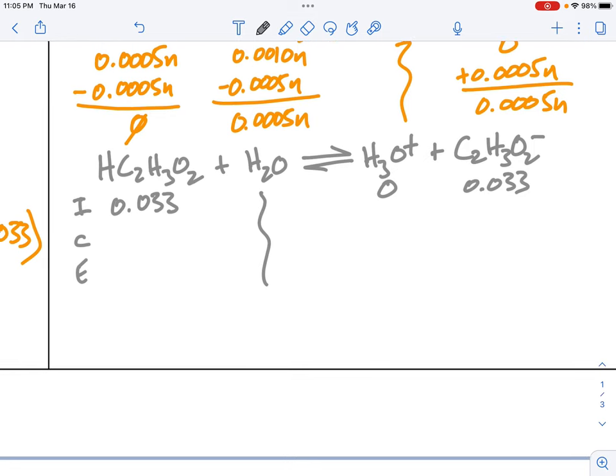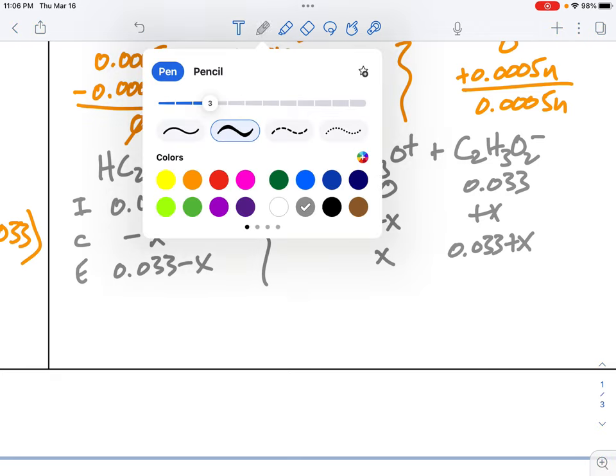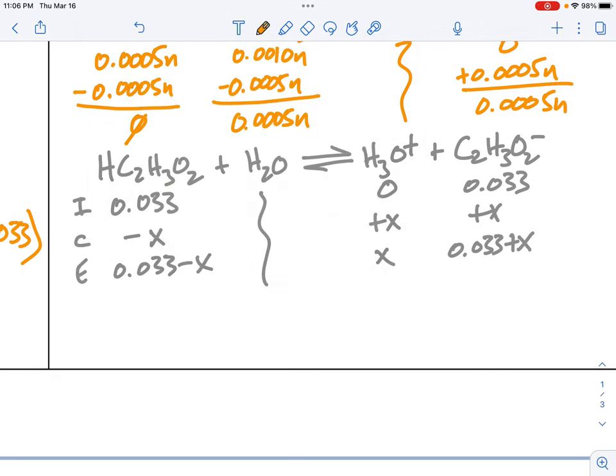So since I'm writing this from the perspective of the acetic acid, my change is a minus x. This is plus x. 0.033 minus x. We have x, and then we have 0.033 plus x. All right. Now, when we write our Ka expression here, same sort of idea as before, we are going to be ignoring the change in x, because again, our Ka constant is very, very small.